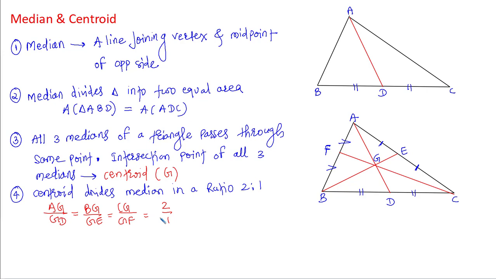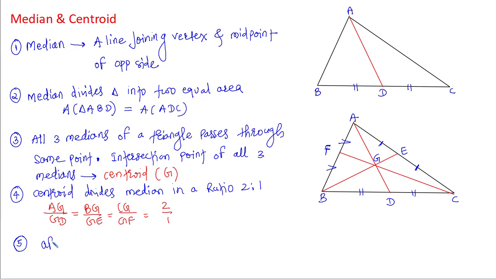Now after drawing all three medians, look here, how many small triangles can you see in this diagram? After drawing all three medians, you can see a total of 6 small triangles. The next property is that each and every small triangle has the same area.